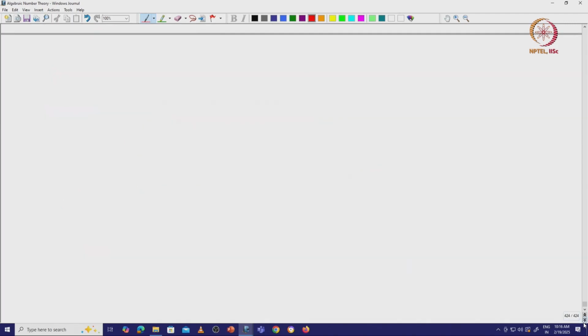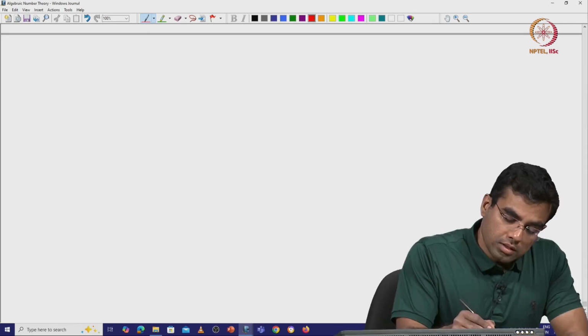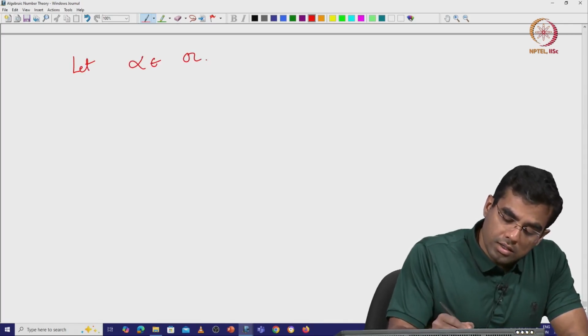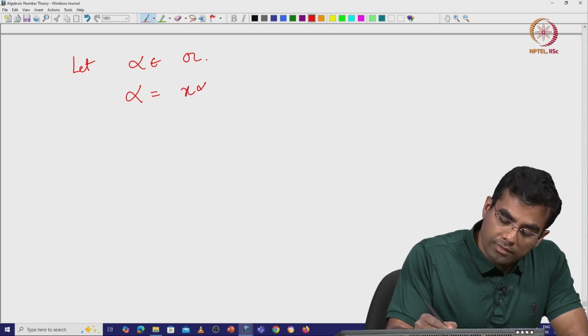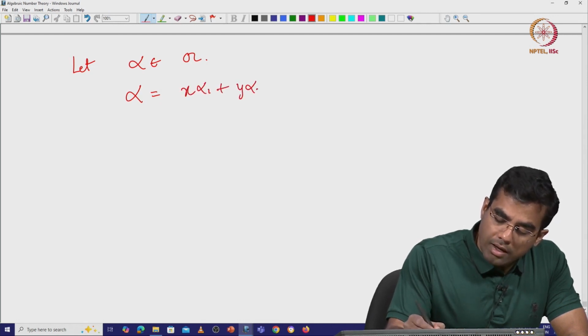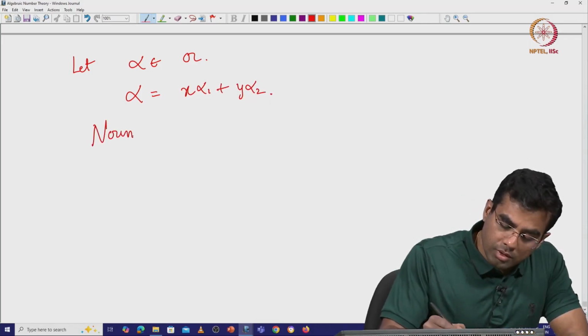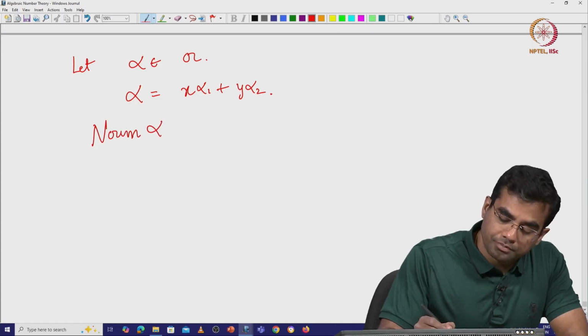And so, what we are going to do first depends on the choice of basis, but eventually we will show that things are independent of the choice of basis. So, let alpha be an element of A, then we can write alpha as x alpha 1 plus y alpha 2. And what we did last time is we took the norm of alpha.